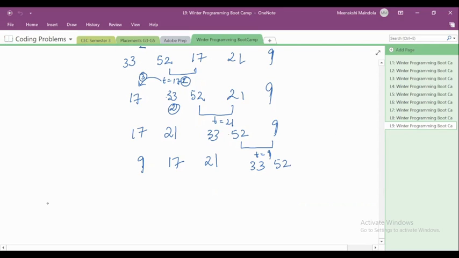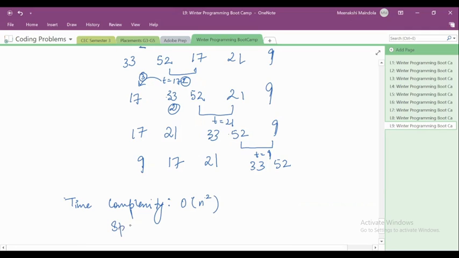The time complexity here again is going to be order of n square, but if your input array is already sorted, then it is going to require only order of n time.